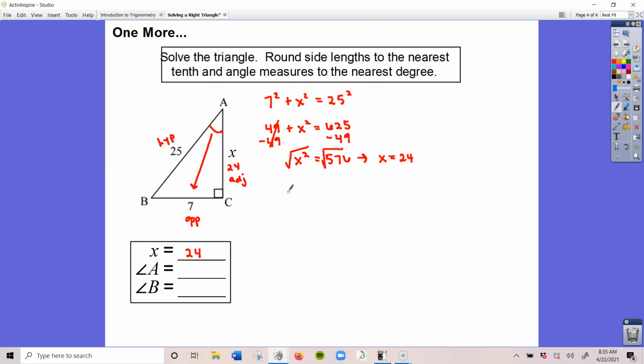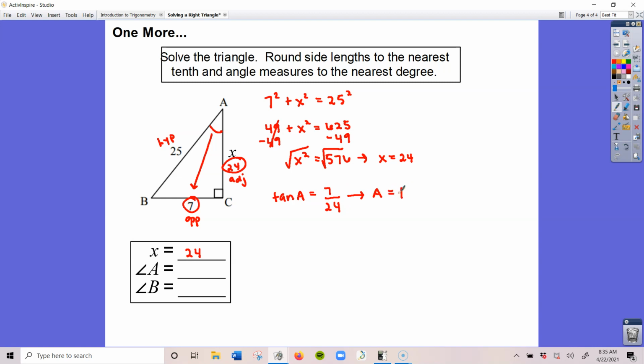To solve for A, if I choose to use the 7 and the 24, that's tangent, since that's opposite and adjacent. So the tangent of A is going to equal the opposite, which is 7, over the adjacent, which is 24. To solve for A, I would have to apply the inverse of tangent.